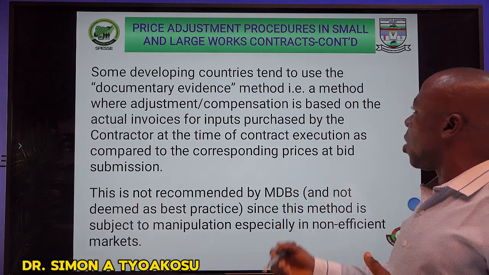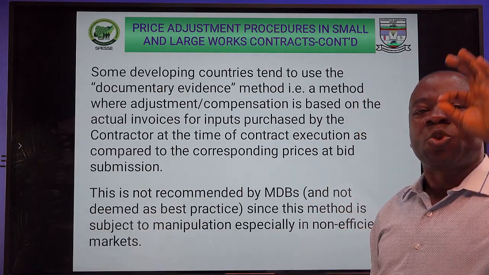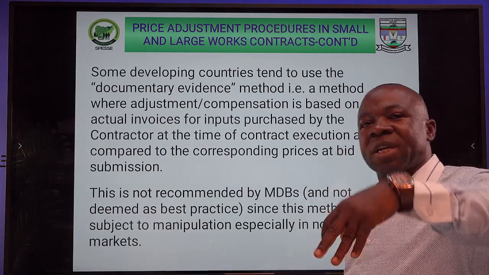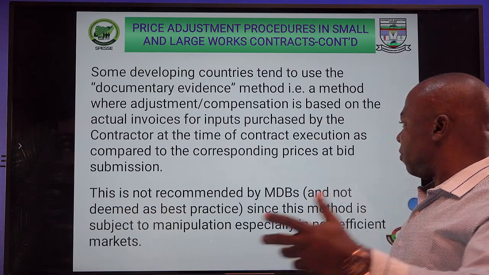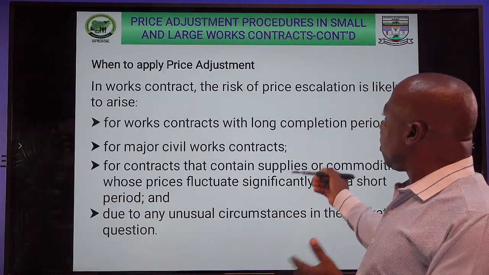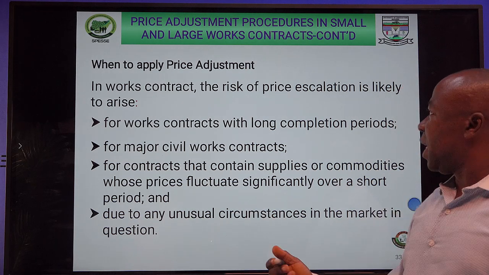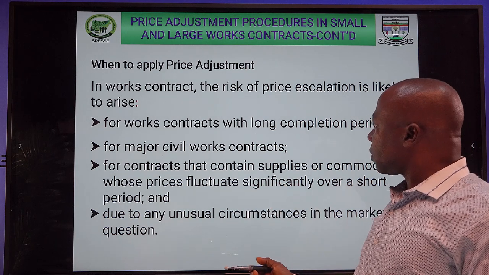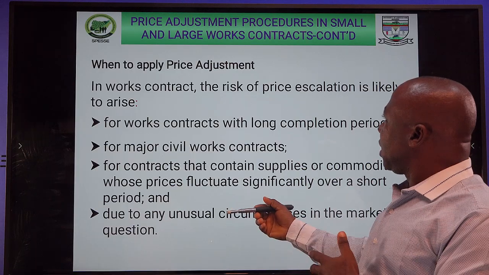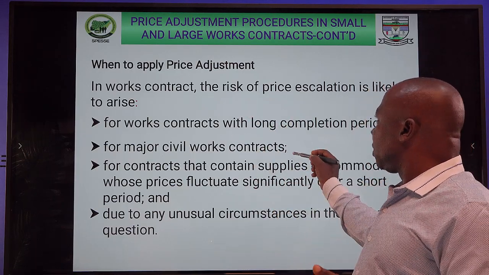Once you read through the notes, you will come to understand that where basically too much money is chasing too few goods is what we define as inflation. So please, I will also suggest that you read most of this on your own. The notes are available. You read them and understand the details. So these are the conditions that apply with respect to price adjustments, which we've discussed in detail.